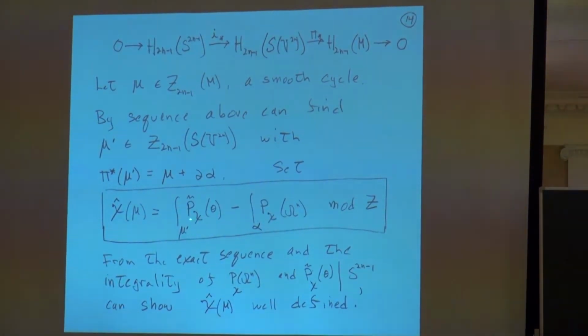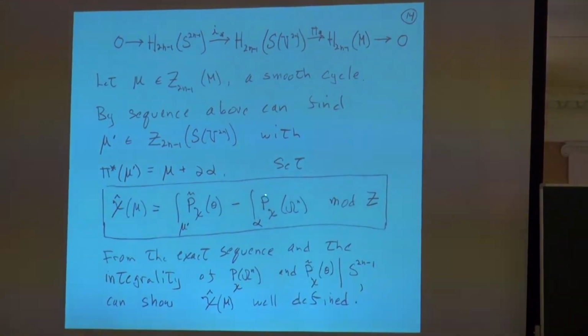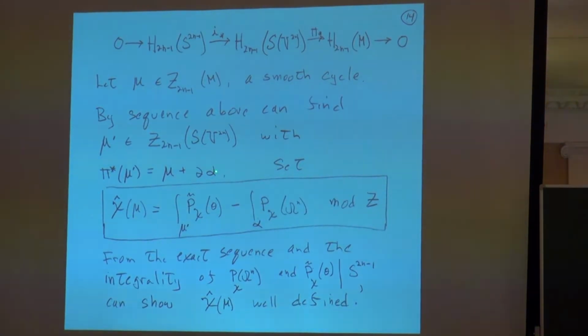What I'm going to do is integrate this special form upstairs over mu prime and do a correction factor over alpha, because it didn't go right down to mu, by integrating the Euler form over alpha itself, rather than the interior of the boundary of alpha, and I'll reduce that mod Z. And from the exact sequence and the integrality of this over the fibers, you can show that this is well defined.